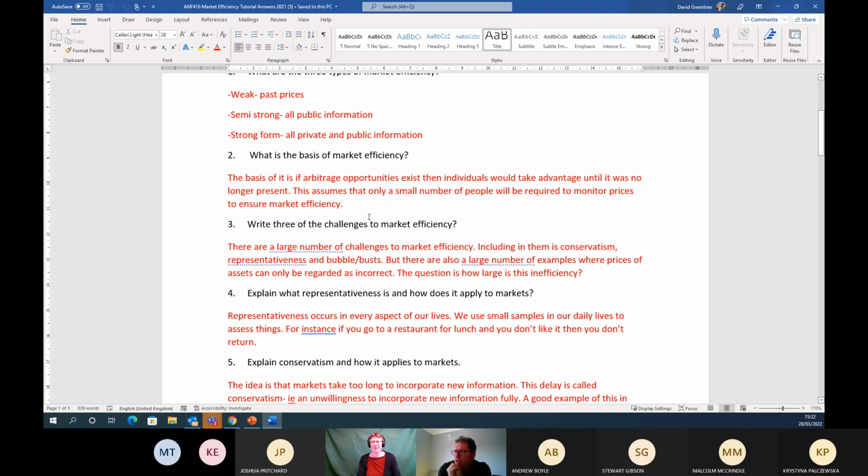George Soros took advantage of this arbitrage opportunity by predicting that the pound would decrease in value against the Deutschmark, which it did. And he made, was it $1.5 billion in a month.